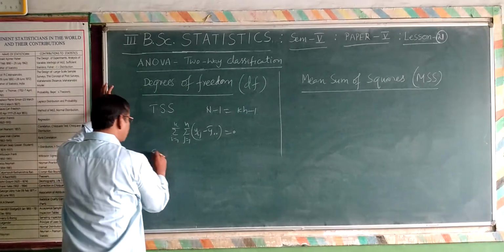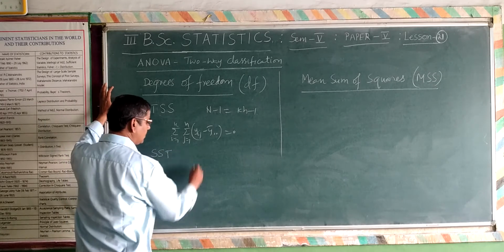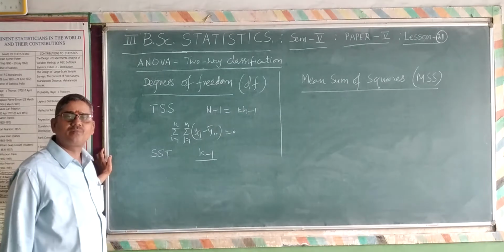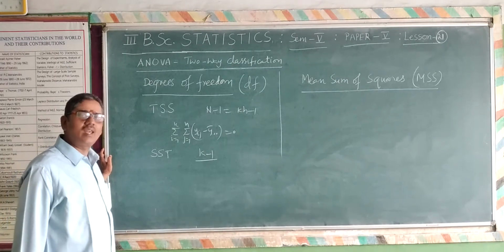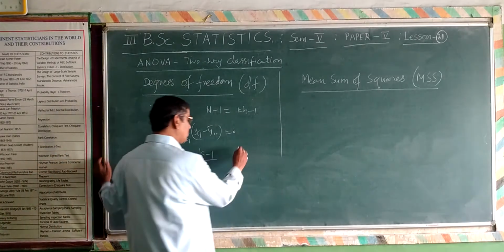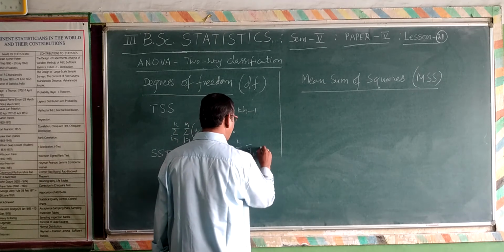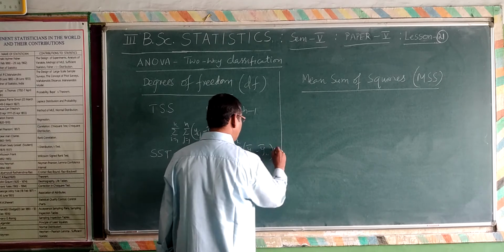The degrees of freedom for the sum of squares due to the treatments is k minus 1, since one linear constraint is again 0: summation i is equal to 1 to k, y bar i dot minus y bar dot is equal to 0.